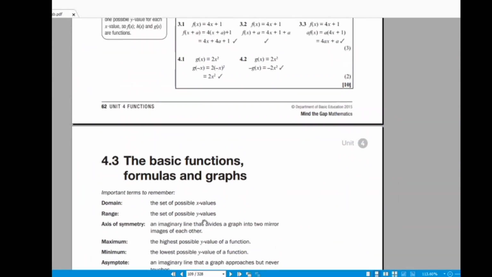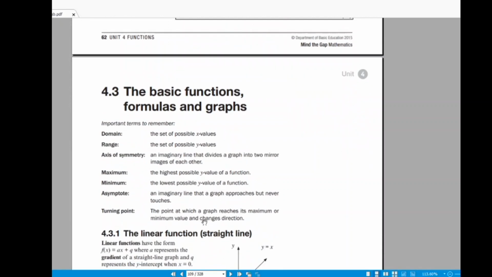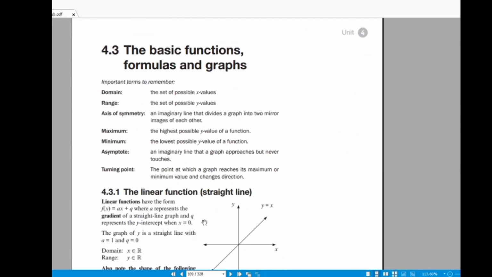Going on to the basic functions, formulas and graphs. Okay, so these are the important terms to remember: domain, range, axis of symmetry, the maximum, the minimum, asymptote, turning point.